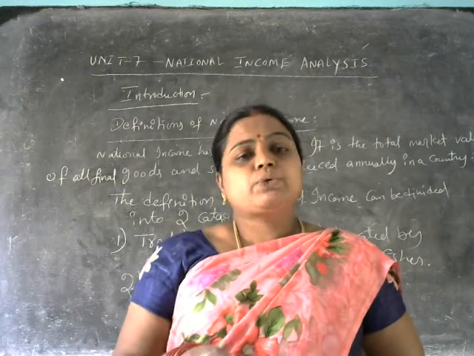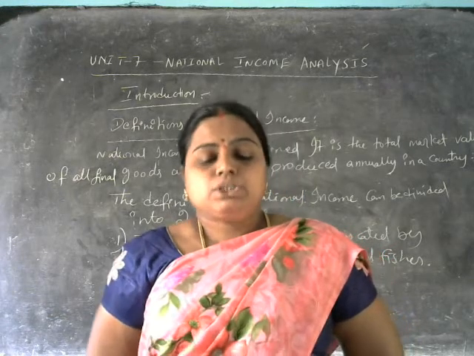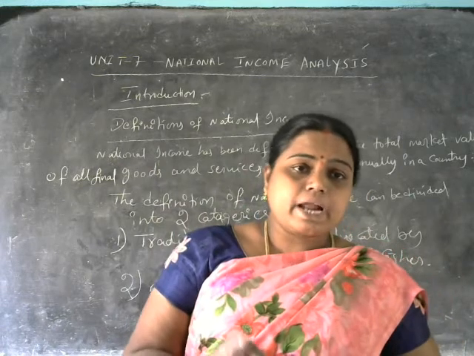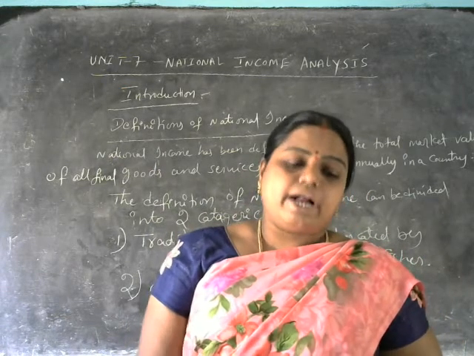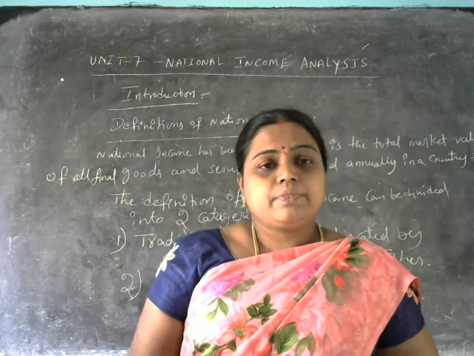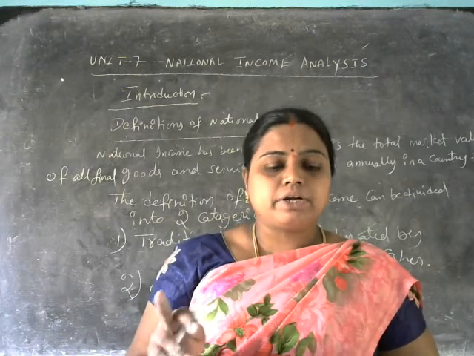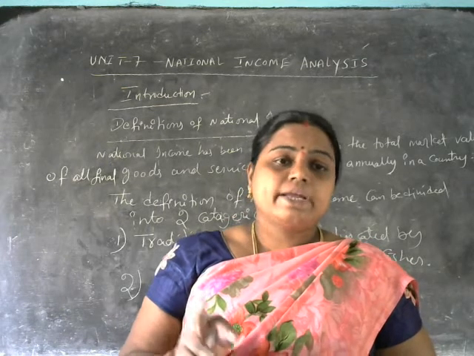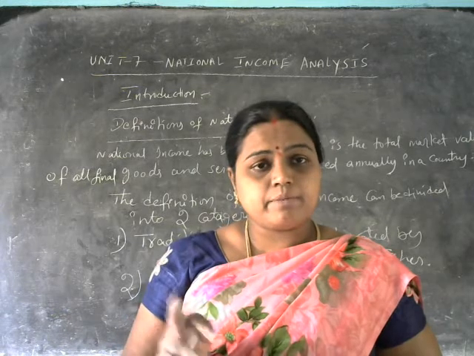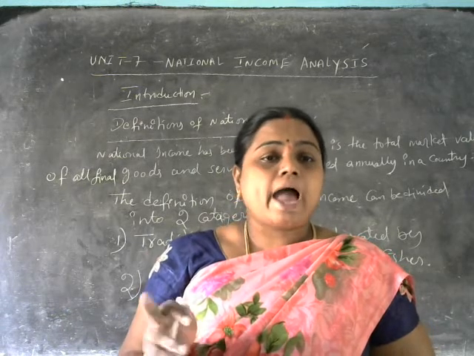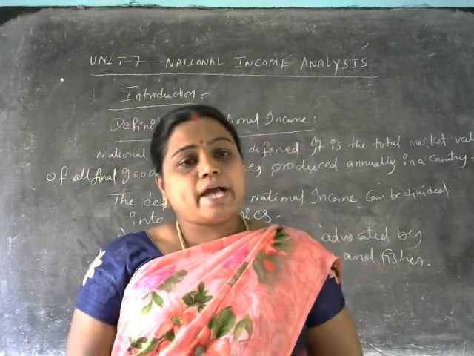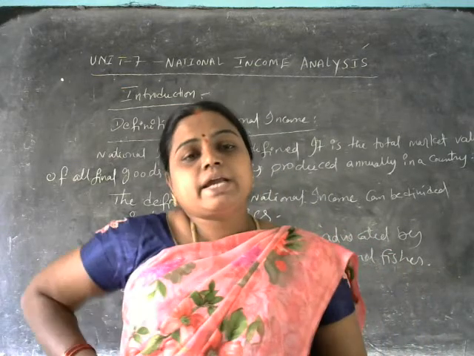According to Alfred Marshall, what is his full name? Alfred Marshall. According to Alfred Marshall, the labor and capital of a country acting on its natural resources produce annually a certain net aggregate of commodities.